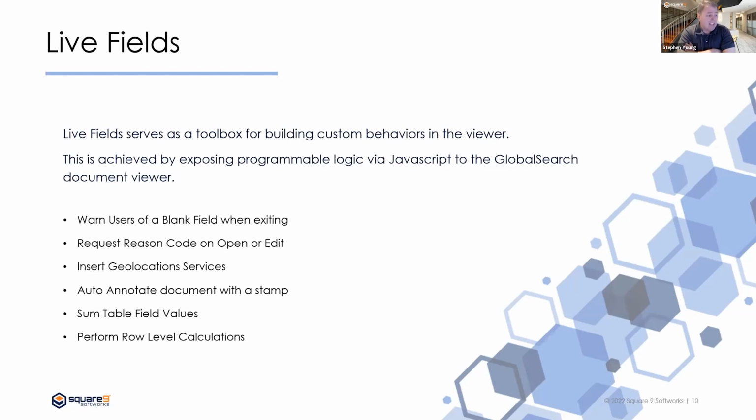It can insert geolocation services. It can auto-annotate documents. It can put summaries of data. And again, I think I'll let Brian demonstrate this, which is much more effective. But again, it can also perform calculations on information that it's extracting through Global Capture.